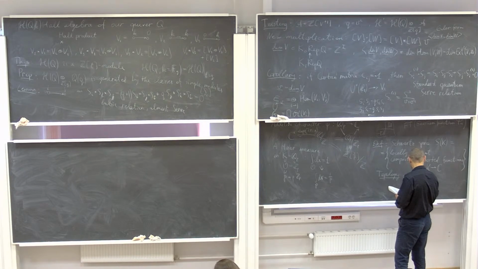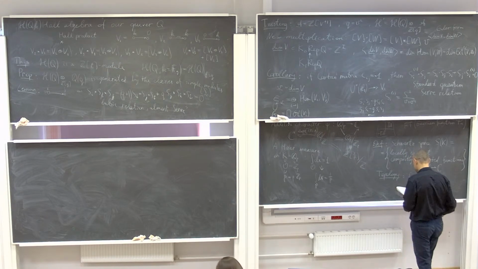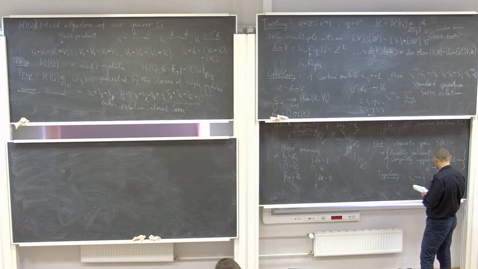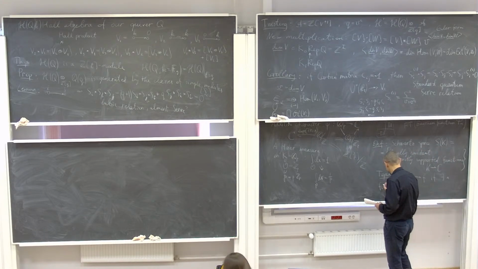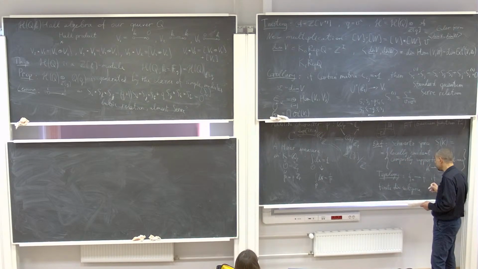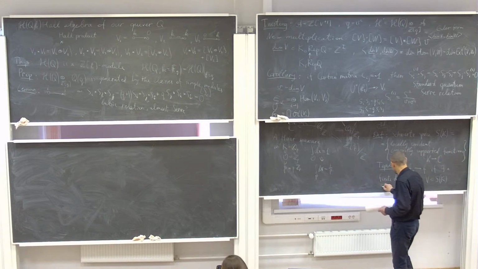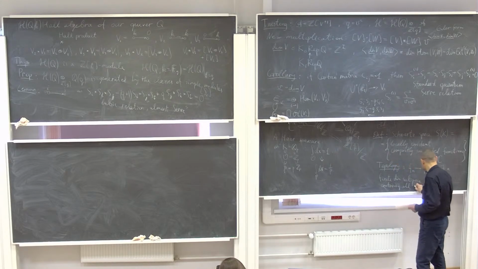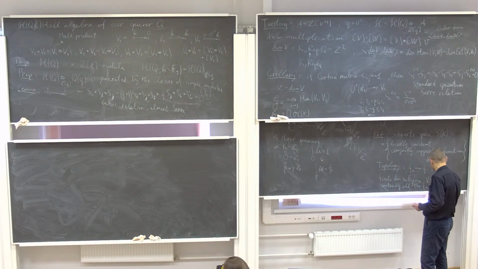Let's say that a sequence of functions converges if there is a finite dimensional subspace V in the Schwarz space S of k containing all the elements of this sequence and their limit.